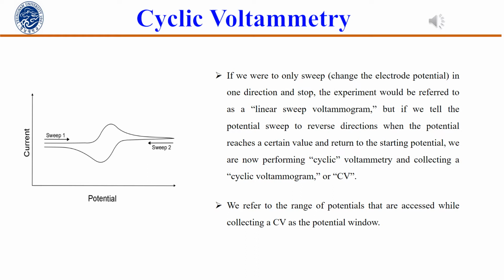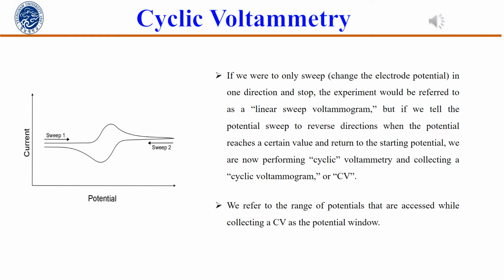In case you give instruction to the potentiostat to change the electrode potential in both directions, for example, if it is 0 to 1, if you give only direction 0 to 1, that is linear sweep voltammogram.